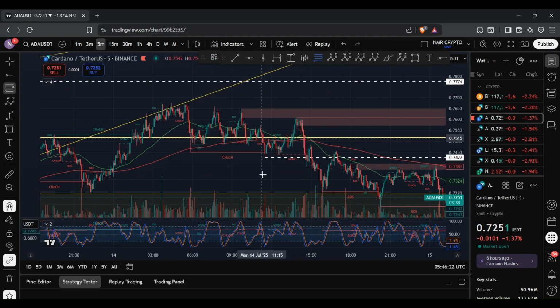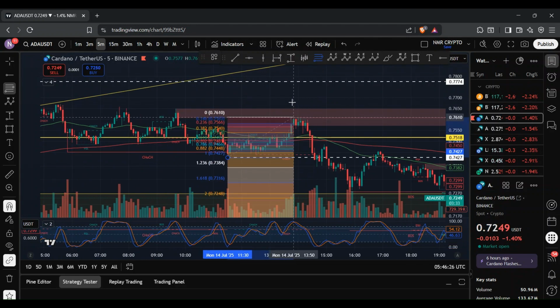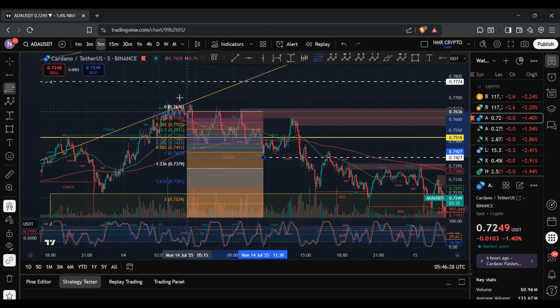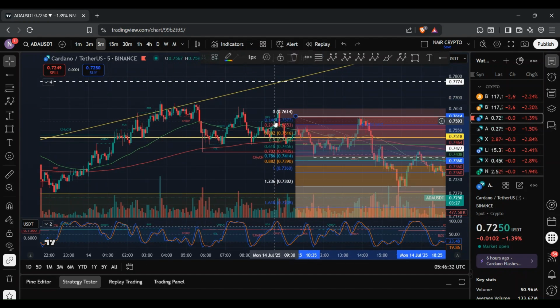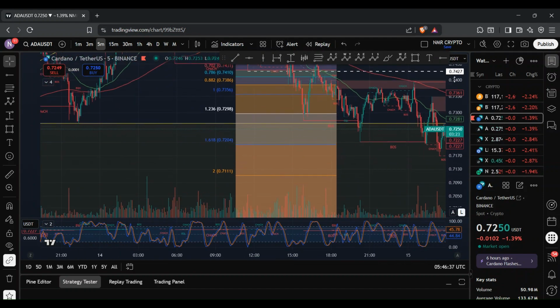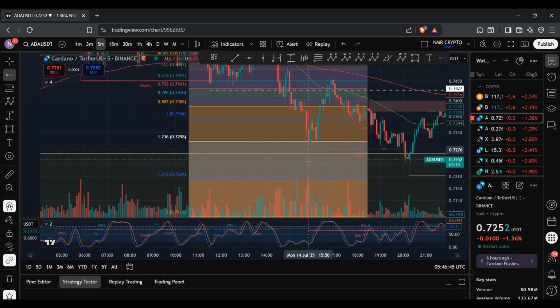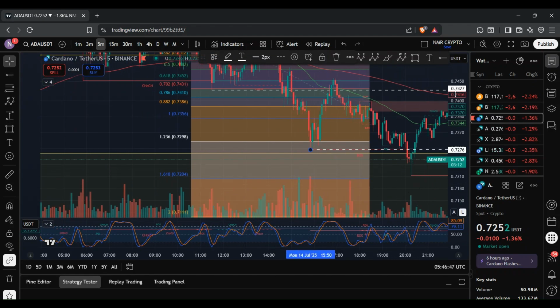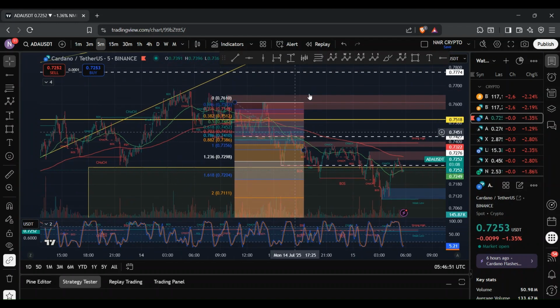So if I bring in a fib tool and bring this to over here, here you can see that we ended up extending beyond the 1.236 level at 72.98 cents, where we reached this level here at 72.76 cents. And so it looks like this WXY structure is complete.